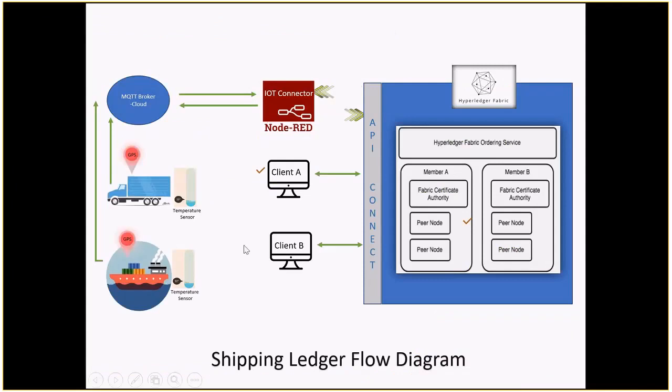Here I demonstrated how the Android app is attached with the loader, and how the Android app is sending tracking and temperature events to the MQTT broker, and how the IoT connector is pushing data to the blockchain, and how the blockchain is processing the data, and the client is displaying the data and doing the user interaction between the blockchain and all the IoT apps.